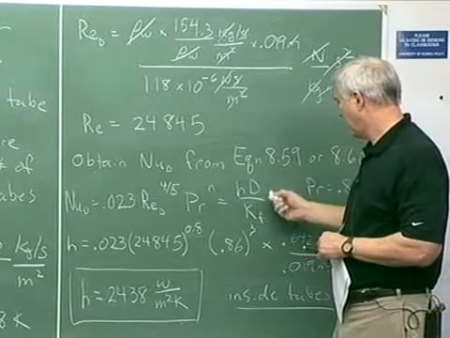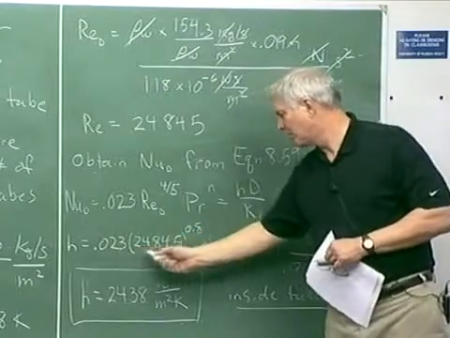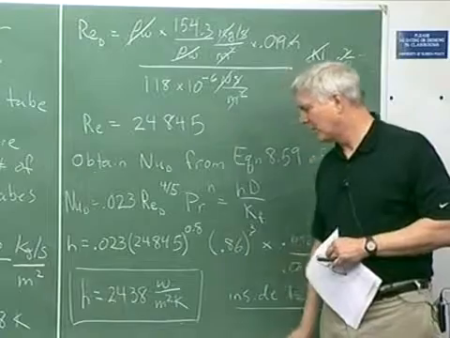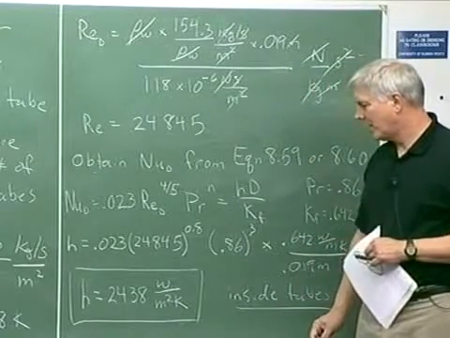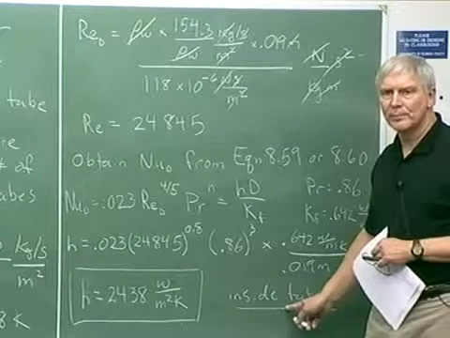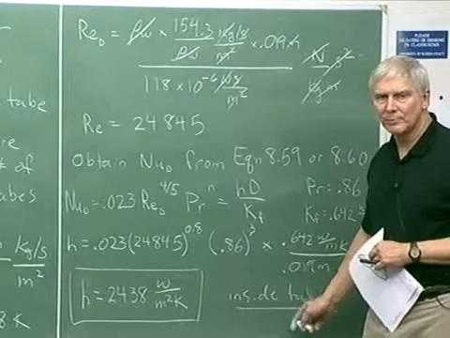And that's equal to hD over k. So we can calculate the heat transfer coefficient, plug that in, and we get that the heat transfer coefficient ends up being 2438 watts per meter squared K, and that's inside the tube. We'll use that in just a minute to calculate the overall heat transfer coefficient.